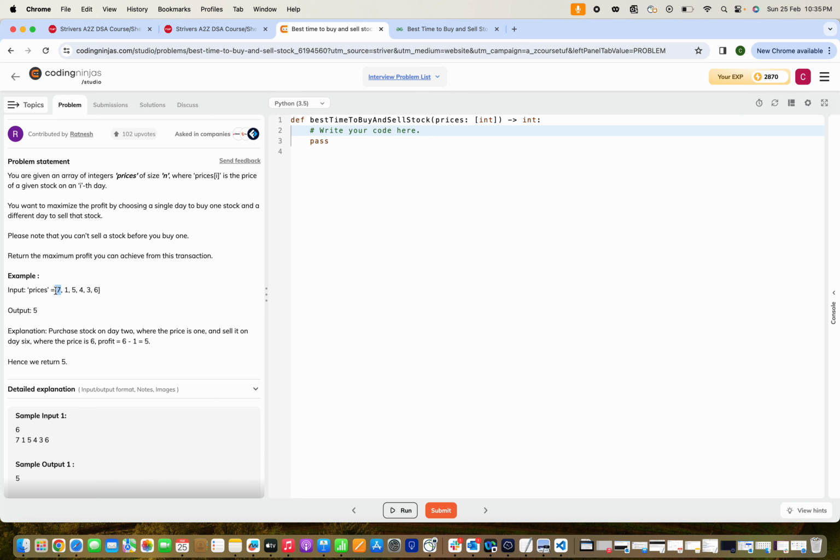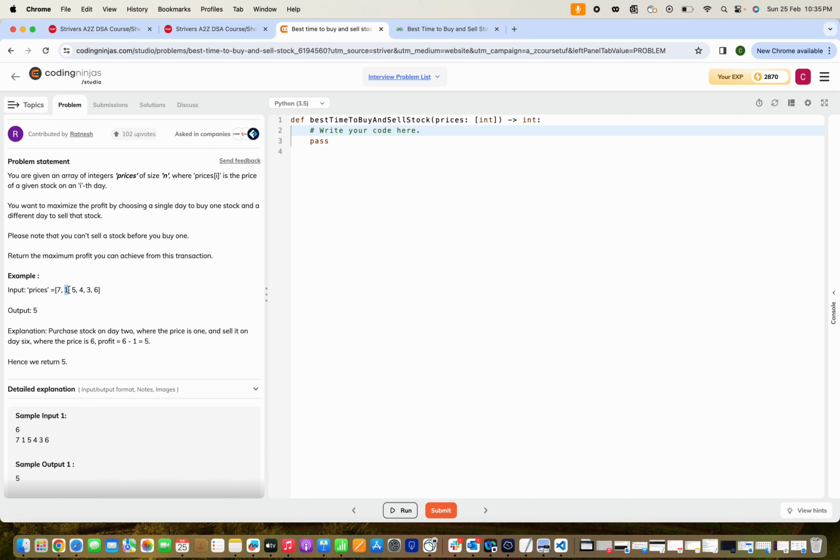Now I'll consider the next element, suppose element 1. Now I'll compare these two elements. If 7 is greater than 1, I am going to purchase at a price less than 7, which is 1 in this case. So my purchase amount will be 1.